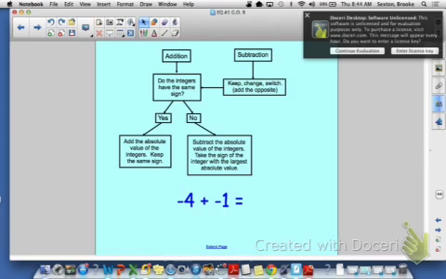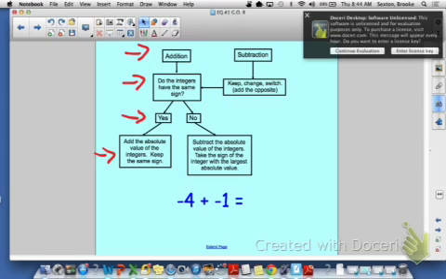How about this problem? Negative 4 plus negative 1. Again, it's addition. Do the integers have the same sign? Well, -4, -1, yes, they do. They both have a negative sign. So now, follow my arrow to the bottom. It says, add the absolute value of the integers.